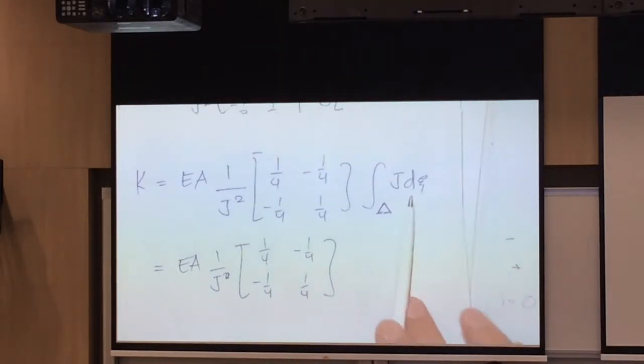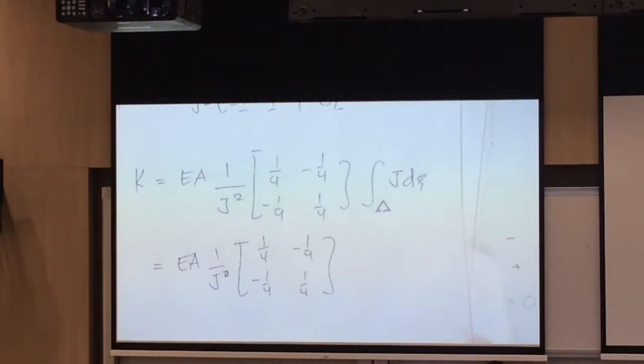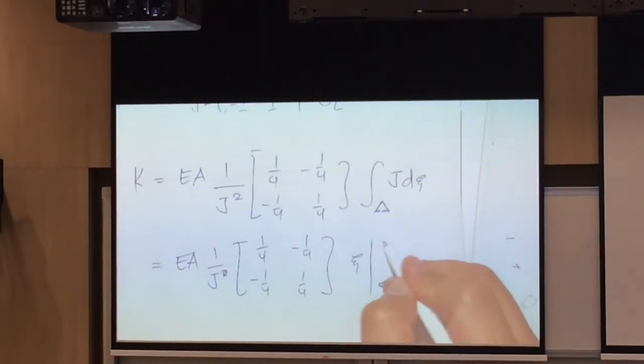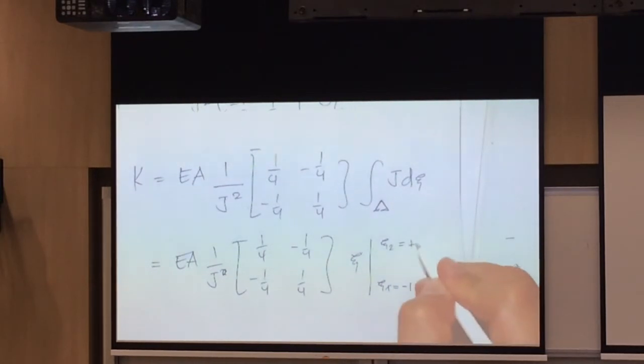So what is the integral of dc? The integral will be C from C1 equal to minus 1 to C2 equal to positive 2.